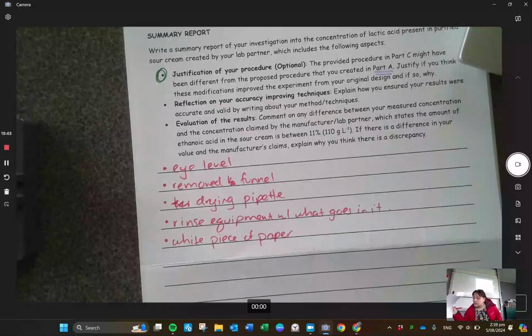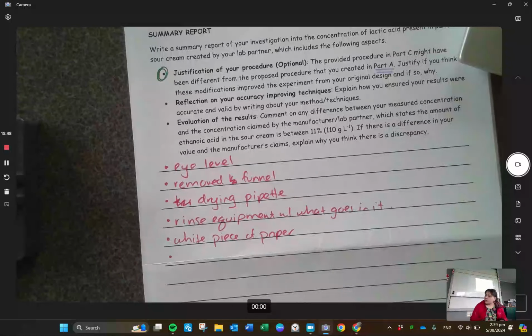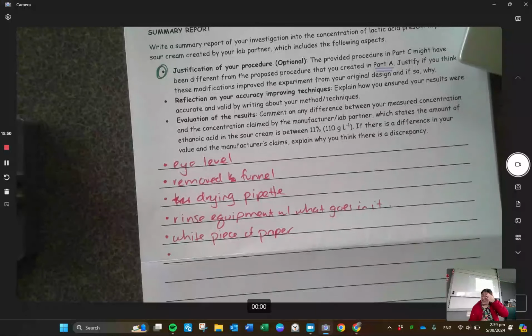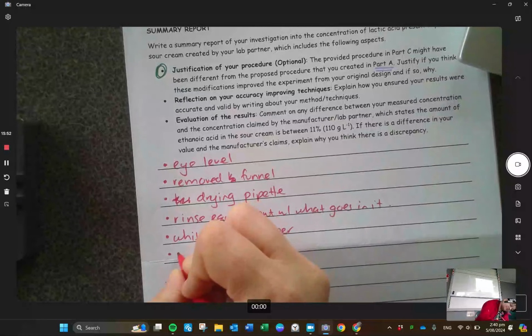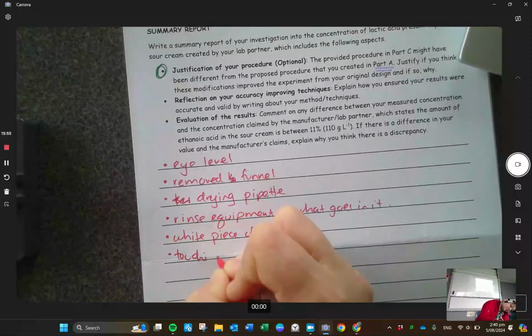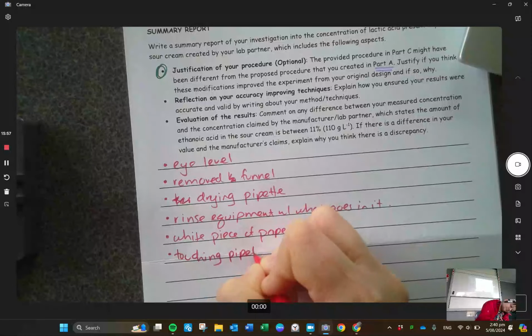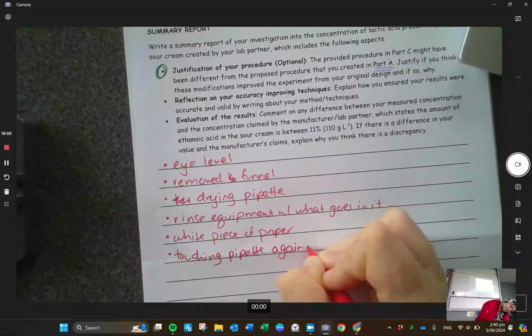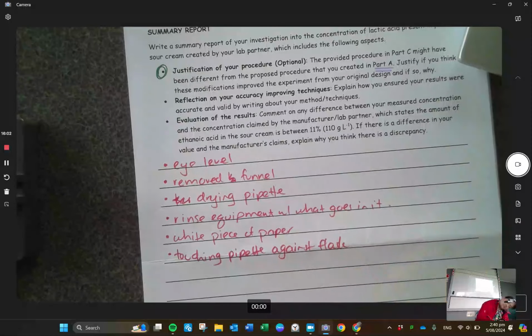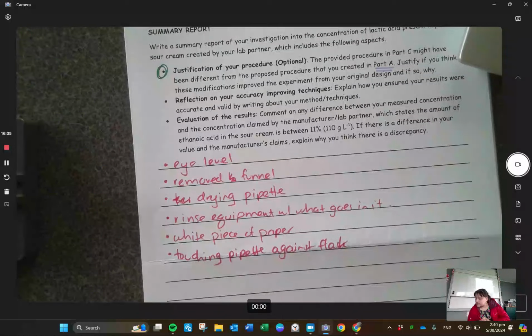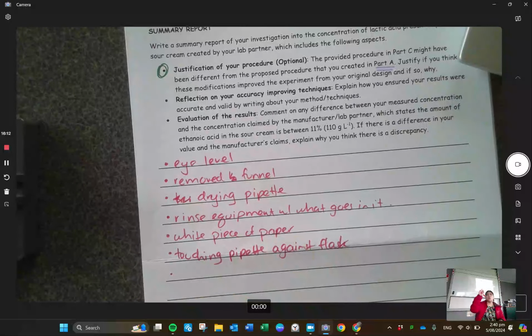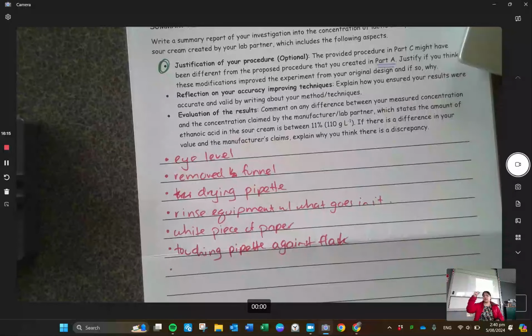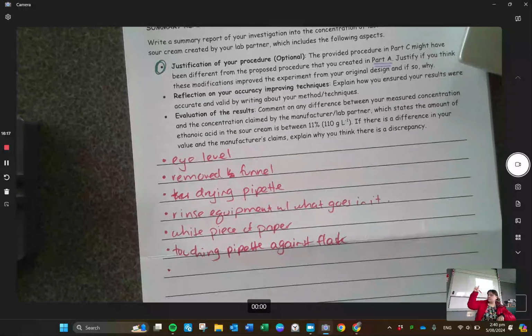You could write about touching the pipette against the flask. You could also talk about using the wash bottle just to move any extra acid into the flask.